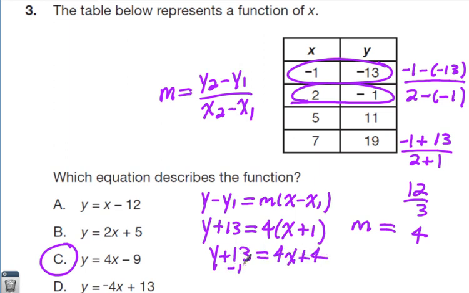And then if you subtract 13 from both sides, you're going to get 4x minus 9. So it's just extra reinforcement that it is C, that the B value would in fact end up being -9.